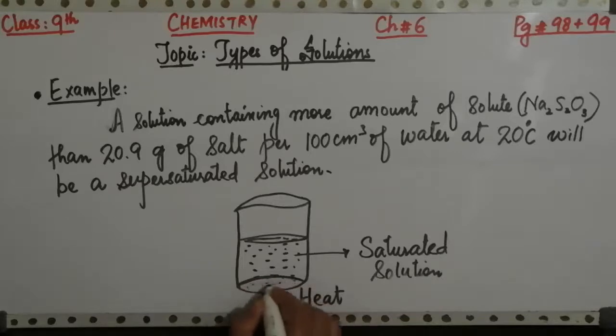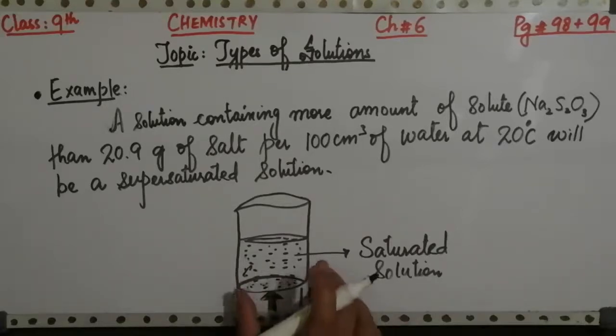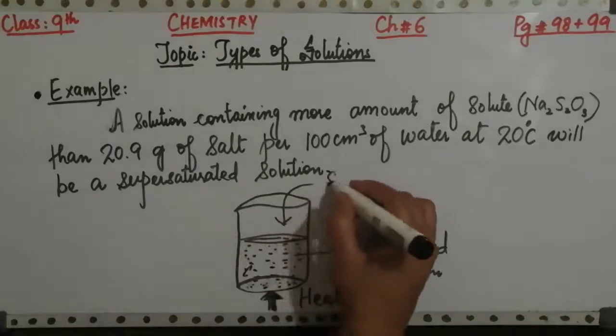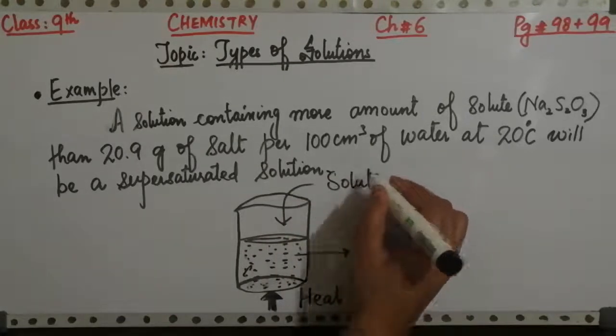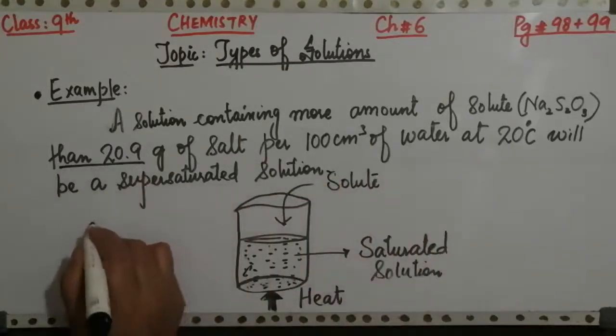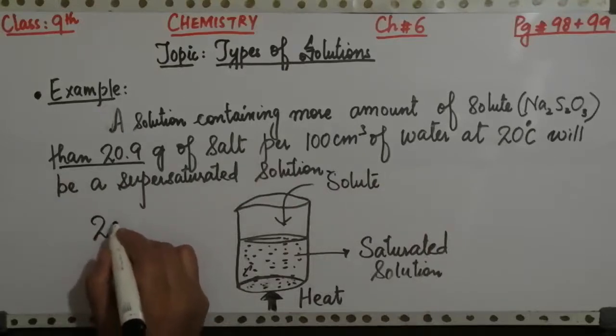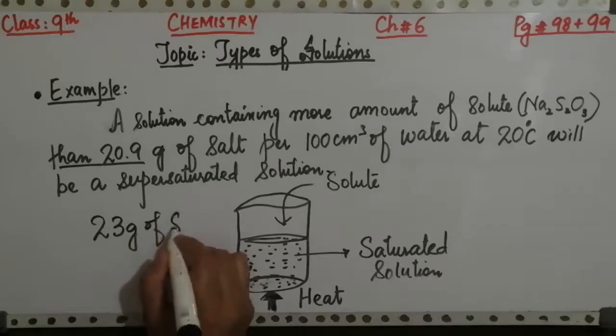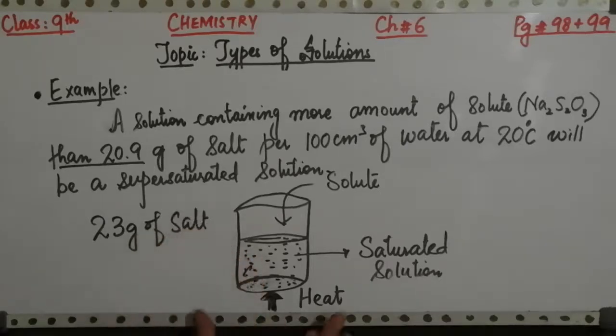So all solute will be dissolved equally in the water. So at this stage, when you will add more amount of solute, that is sodium thiosulphate, which is greater than 20.9, for example I will add 23 grams of salt, then what will you observe?